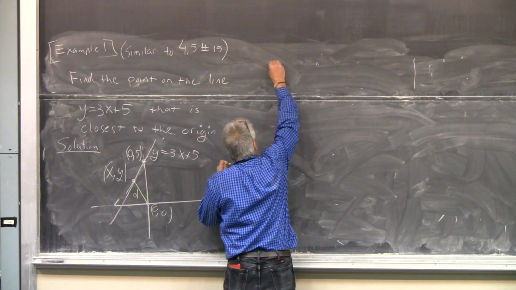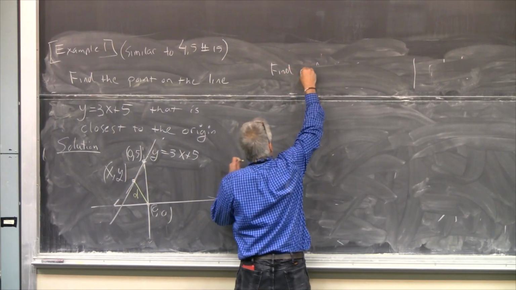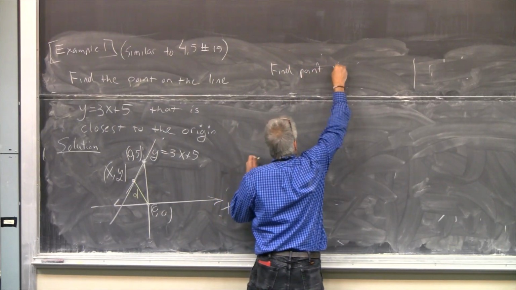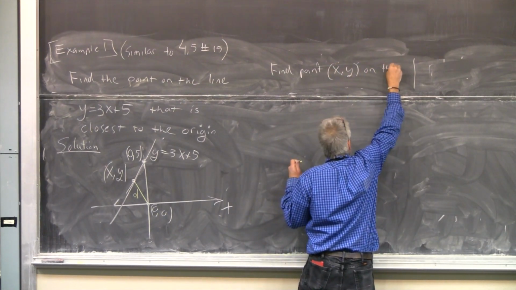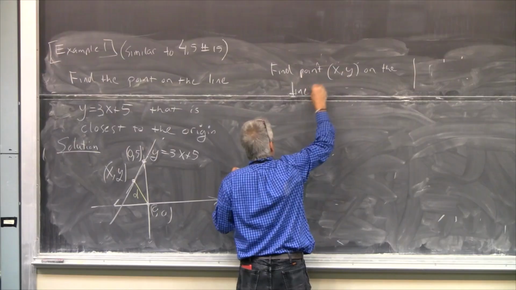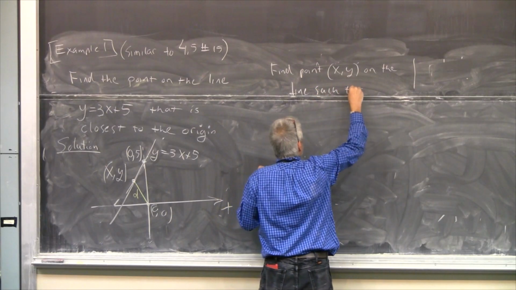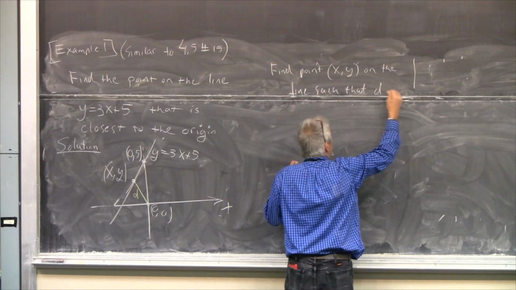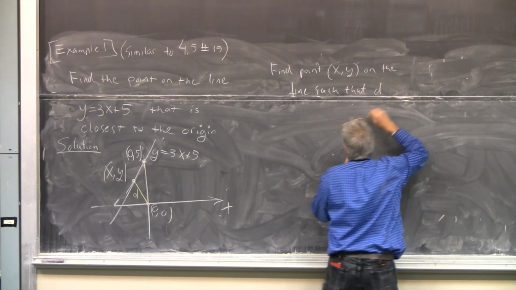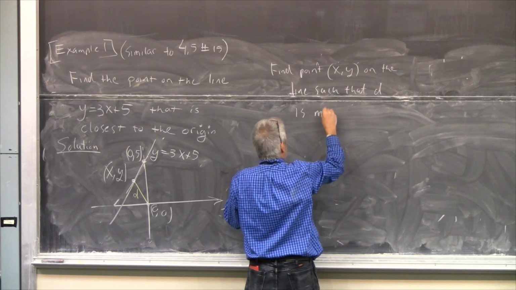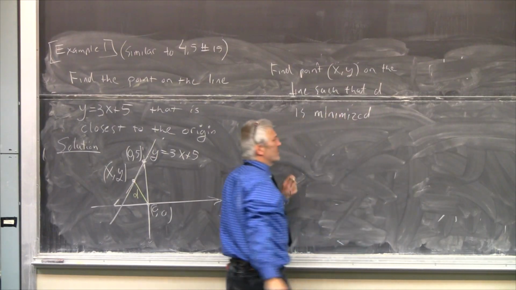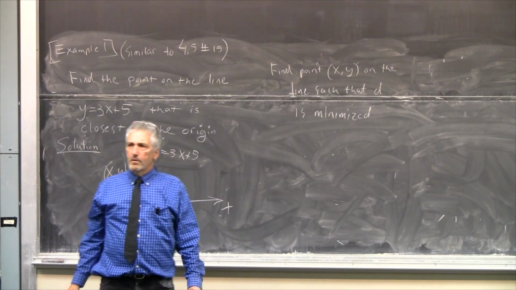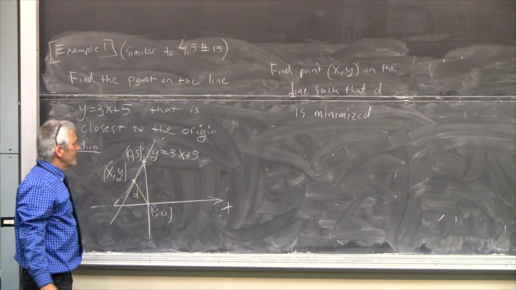So we're going to find the point x, y on the line such that d is minimized. So we've introduced that letter d.